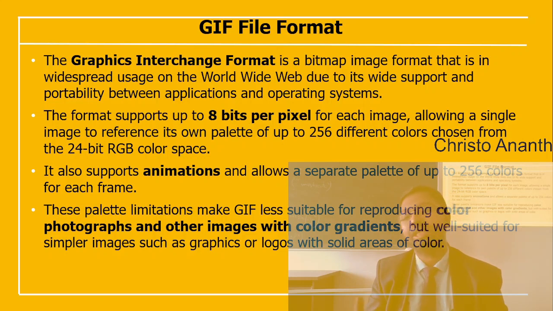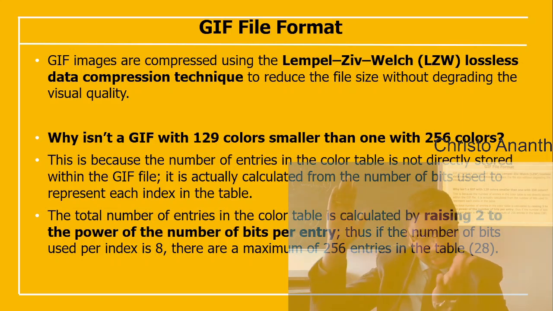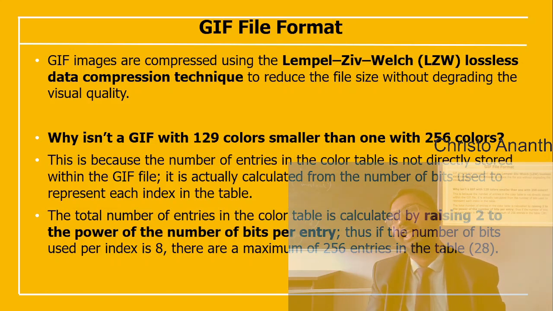The palette limitations make GIF much less suitable for reproducing color photographs and other images with color gradients, but it is suitable for simpler images like graphics and logos with solid areas of color. GIF images are compressed using LZW, Lempel-Ziv-Welch, a lossless data compression technique, in order to reduce the file size without degrading the visual quality.